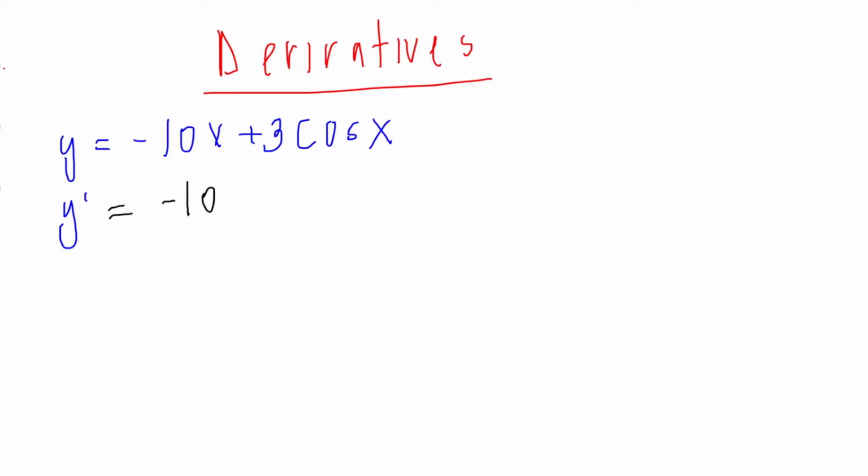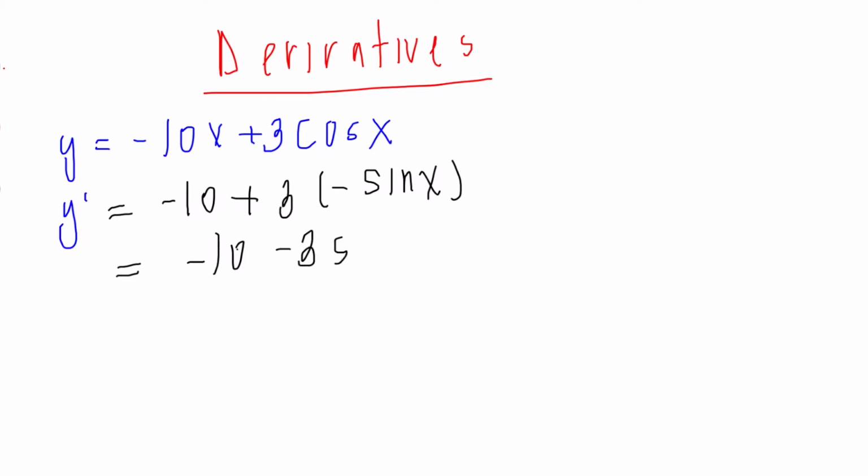We already know that. And now the derivative of this part will just be plus 3 times the derivative of cos x, which is just minus sin x. So that eventually gives us minus 10 minus 3 sin x.